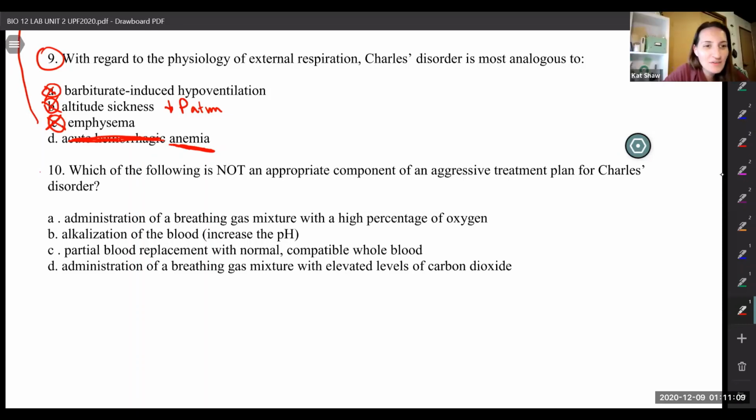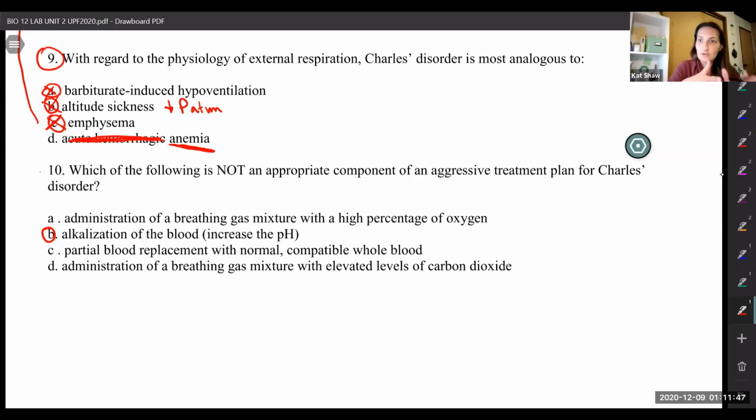Okay, all right. So Chanel says B, and Kenny also said increased pH. Why would it be a bad idea to increase the pH of his blood? Kenny said more left shift. Exactly. If we think of the variables that we talked about in that last lecture together, when we were looking at the left shift and the right shift, we had temperature, we had partial pressure of CO2, we had that 2,3 DPG, and then we had pH, which is based on the hydrogen ion concentration.